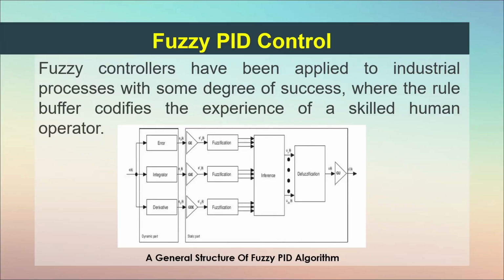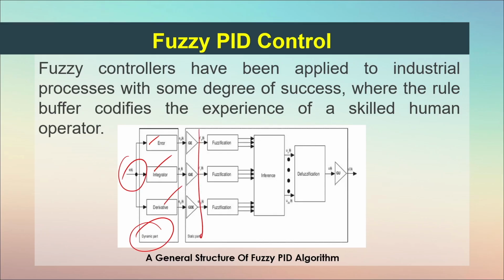So, this is the schematic or generic architecture diagram of a fuzzy PID controller. Fuzzy controllers have been applied to industrial processes with some degree of success, where the rule base codifies the experience of a skilled human operator. Here we have a proportional error, integral error, derivative error, and these are very dynamic in nature while the system is in operation, and they are given to this fuzzy block.